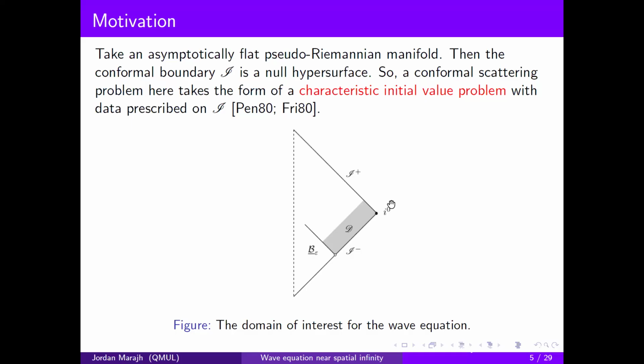And what we will show is that the domain of interest is this thin rectangle along scri. So we'll be prescribing some data, which is characteristic, on scri and on the short incoming null hypersurface. And we'll determine some property about the solution to the wave equation at future null infinity in this neighborhood of spatial infinity. So this is really a thin rectangle. This is the picture you should keep in your mind.